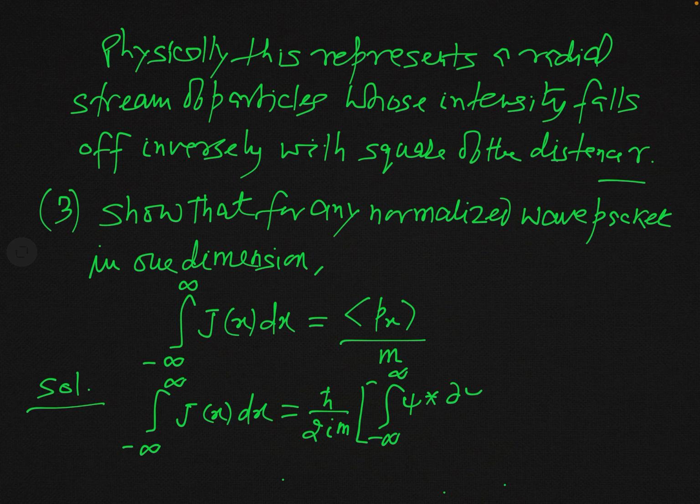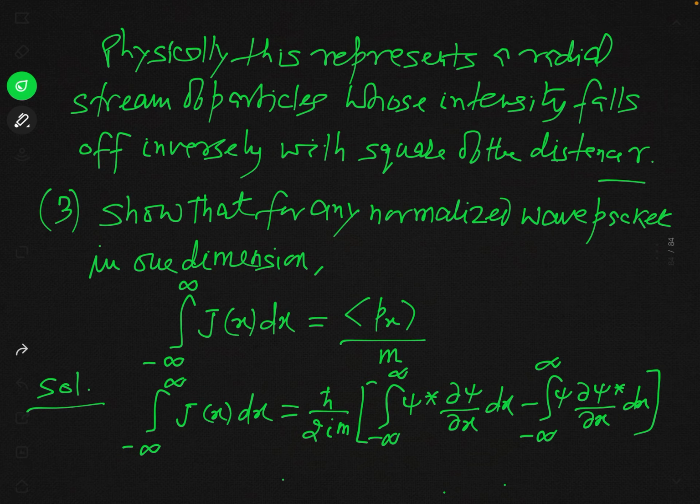This will be in fact psi star del psi by del x, minus psi del psi star by del x, dx. We have used the expression for probability current density in one dimension.